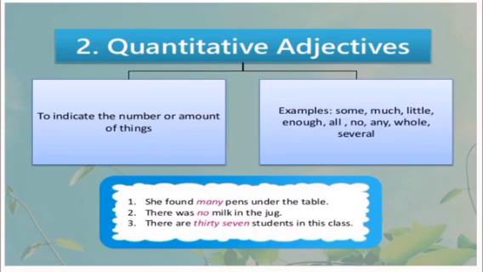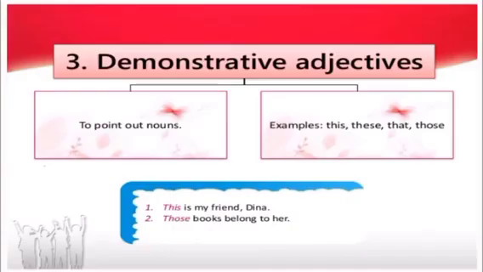Example sentences: she found many pens under the table. There are no milk in the jug. There are 37 students in this class. So here, many, no, 37 are quantitative adjectives.